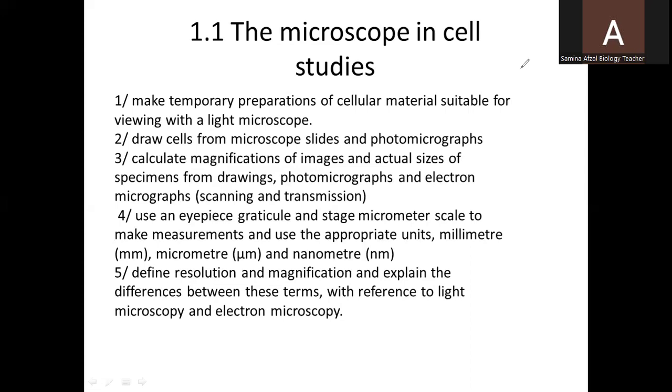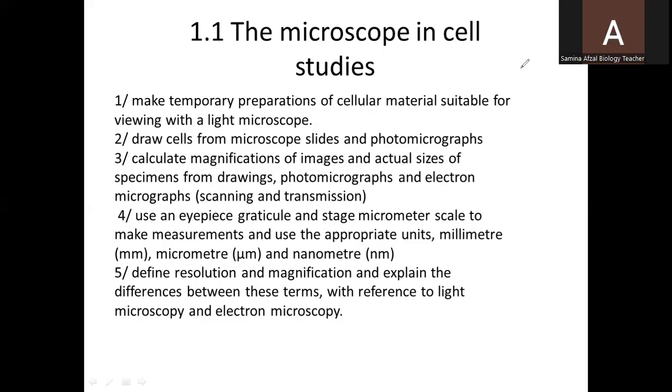Then calculate magnifications of images and actual sizes of the specimens from drawings, photomicrographs, and electron micrographs. That is, the different types of electron micrographs. It means you have to study the electron micrograph as well, because these are the 2 major ways by which you can observe the cells.